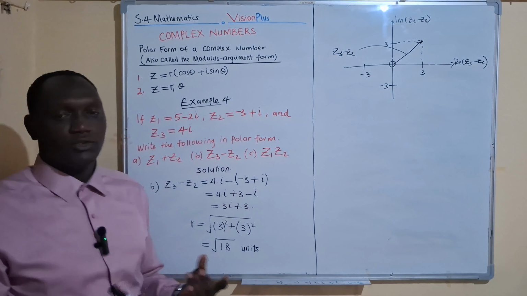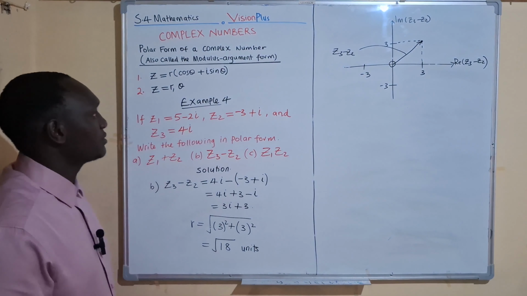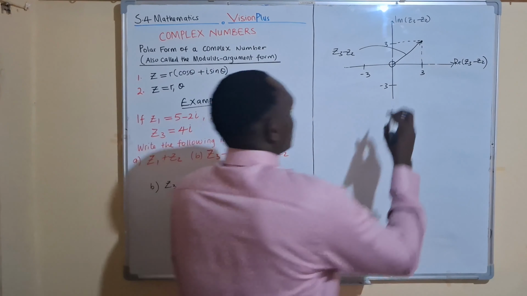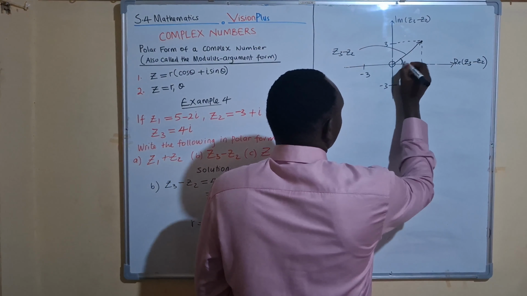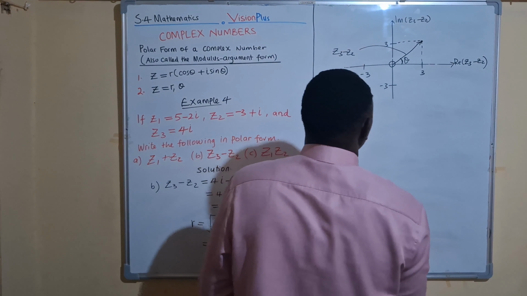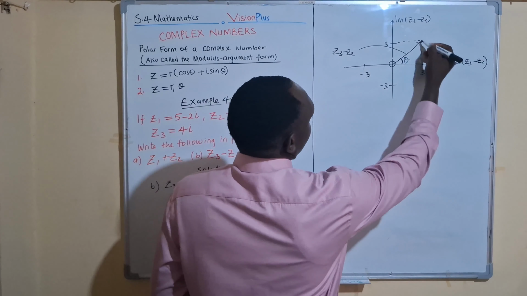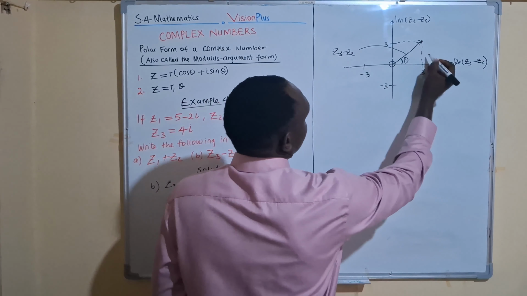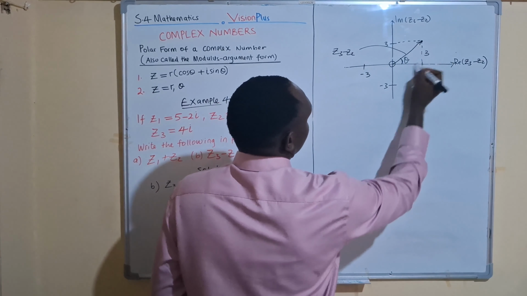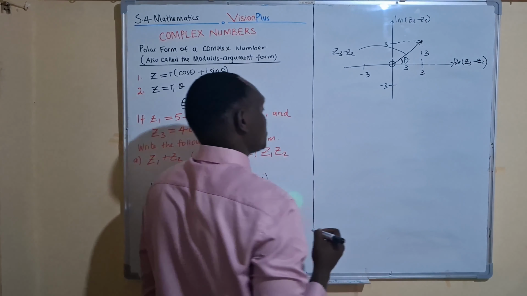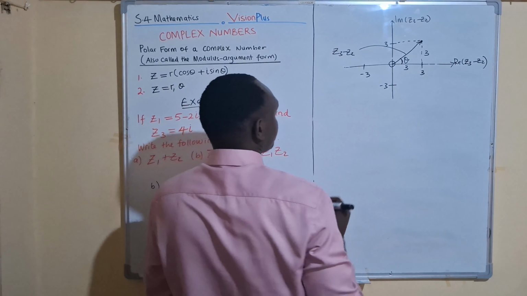Now we need to find the argument so that we can use it to find the modulus argument form. The argument is this angle that the complex number makes with the positive real axis. From here to up here is the same as from 0 to 3, so this side is 3. From the origin up here is 3, so this adjacent length is also 3.